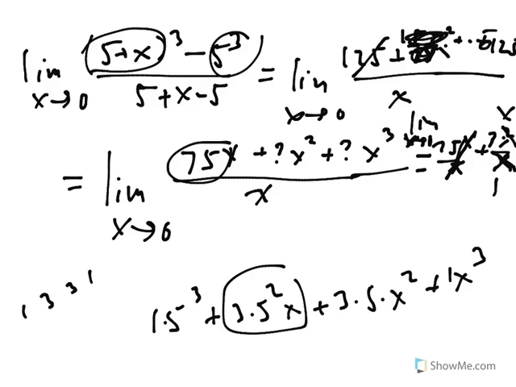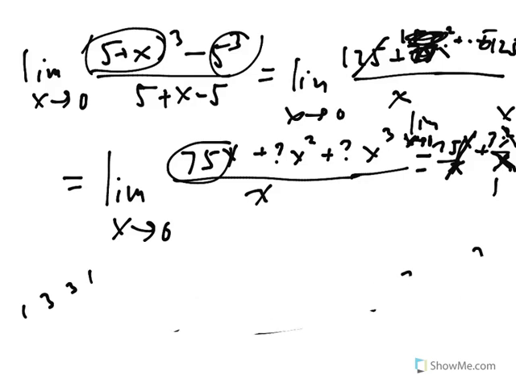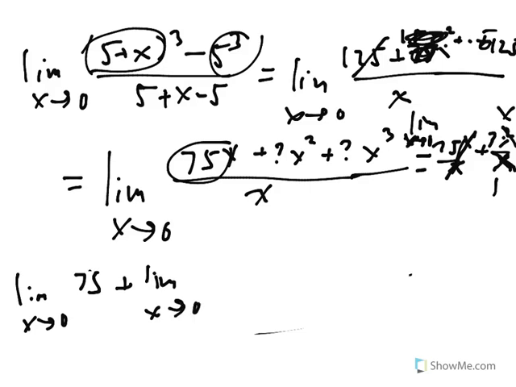Let me clean this up a little bit. So we'd end up with limit as x approaches 0 of 75 plus limit as x approaches 0 of something times x plus limit as x approaches 0 of something times x squared.